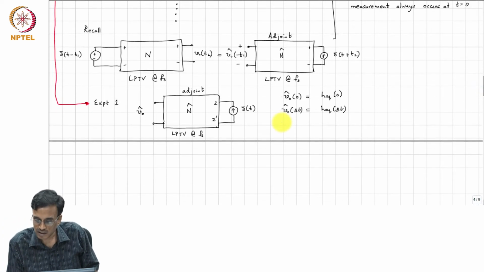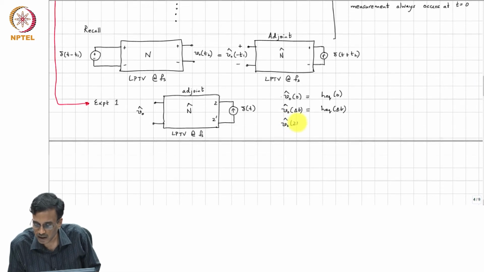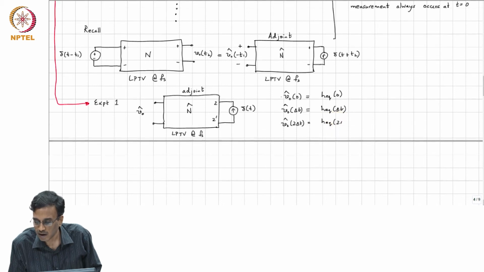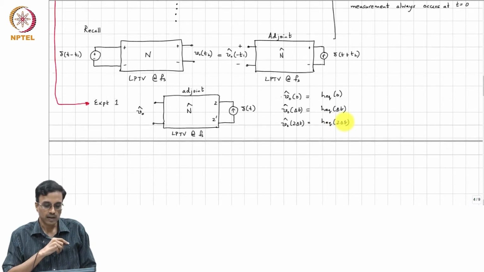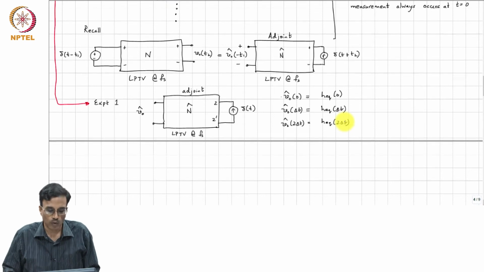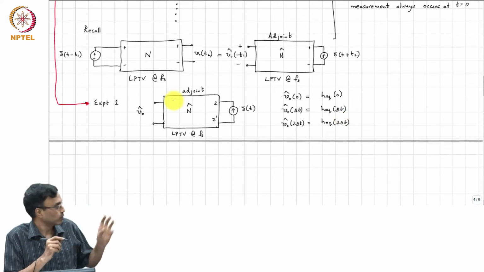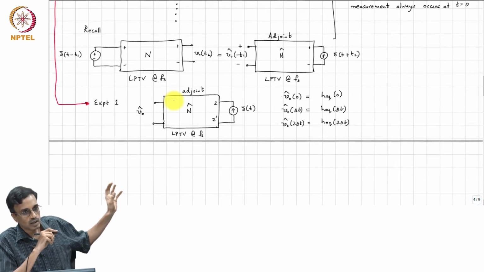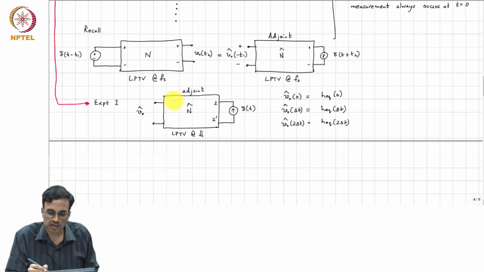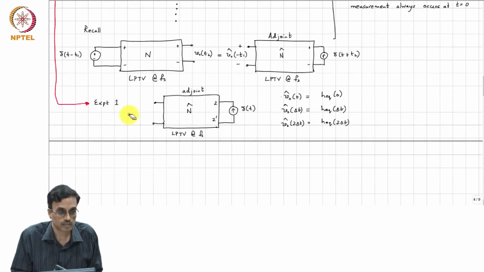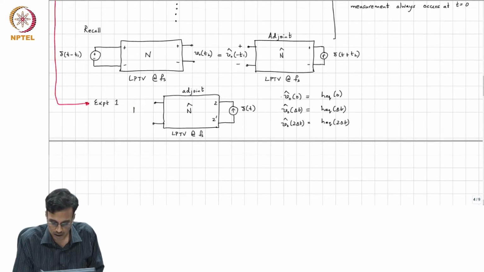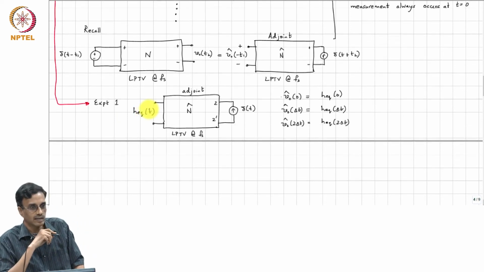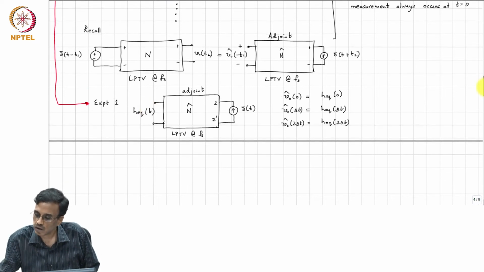Right. And similarly, V_O hat of 2 delta t is basically h equivalent of 2 delta t, and so on. So, what is the moral of the story? If you excite the adjoint network with delta of t, what is the waveform that you will see here? You will see h equivalent of t. Does it make sense?